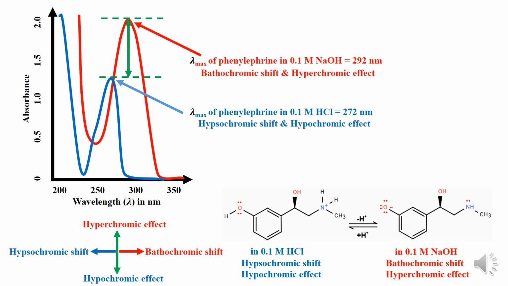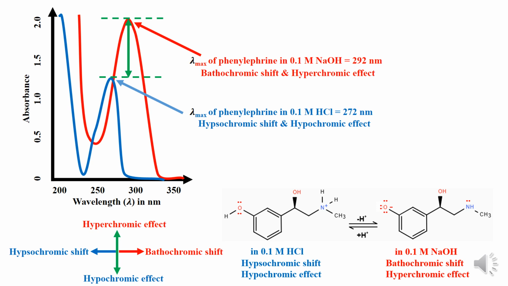So under acidic conditions, you can see that the lambda max value has shifted towards shorter wavelength, and also the intensity of absorption has decreased. So under basic conditions, the phenylephrine drug exhibits bathochromic shift and hyperchromic effect, and under acidic conditions, this drug exhibits hypsochromic shift and hypochromic effect.